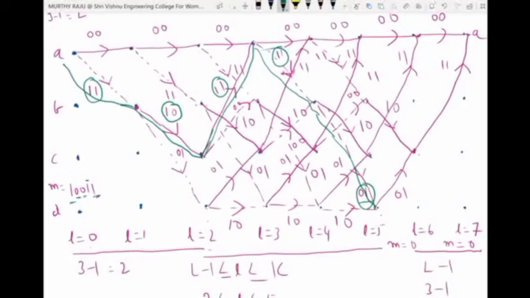These are the dashed lines. Output is 1 1.